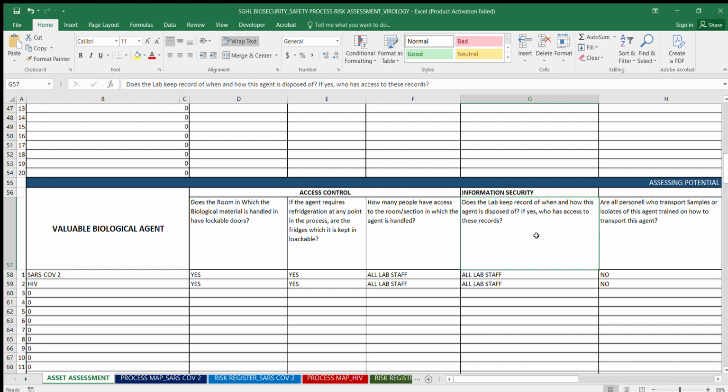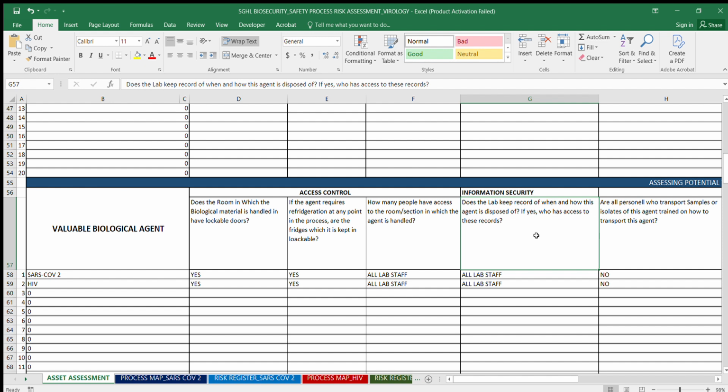What you're trying to know is, can someone get the agent, and after they get the agent, indicate on the disposal log that this sample was disposed of, but in the actual sense, it was stolen.